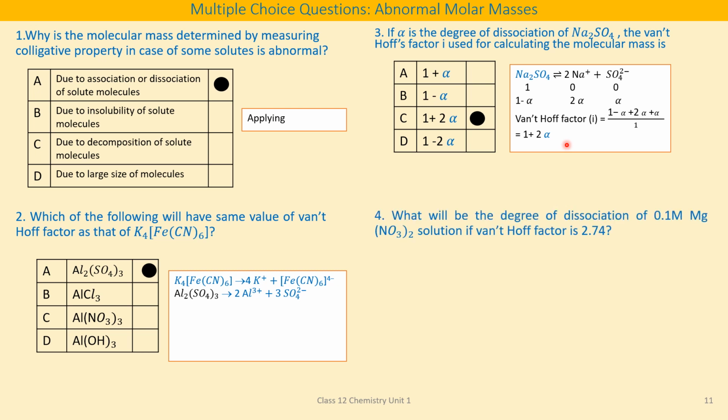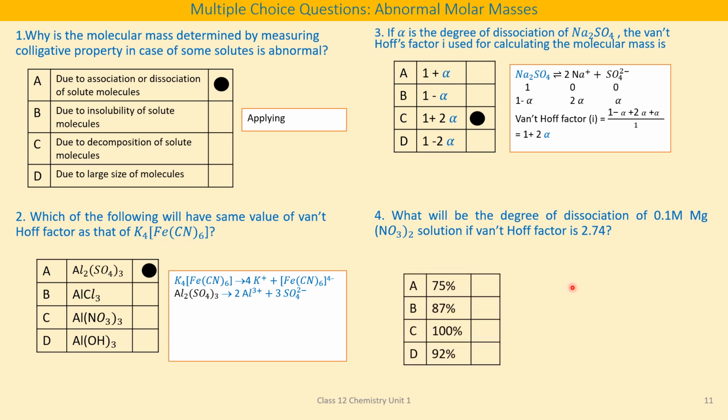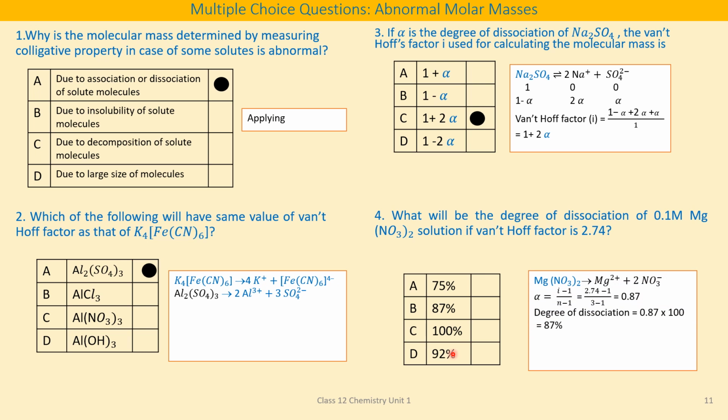Next question. What will be the degree of dissociation of 0.1 m Mg(NO3)2 solution if Van 't Hoff factor is 2.74? Four options are given. Option A 75%, option B 87%, option C 100%, and option D 92%. We have to analyze this question and find the correct answer.